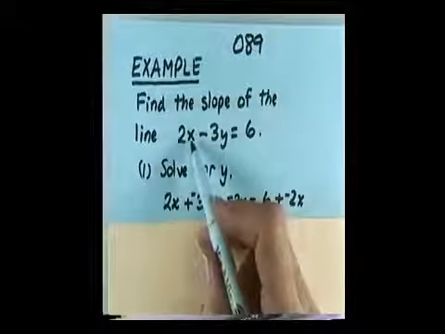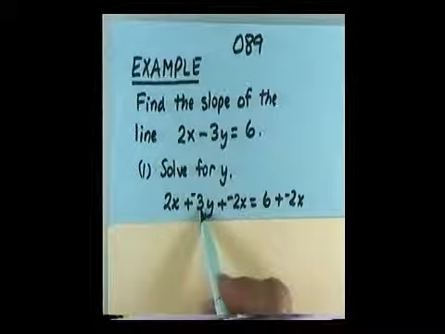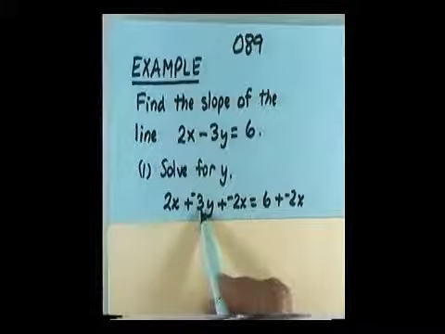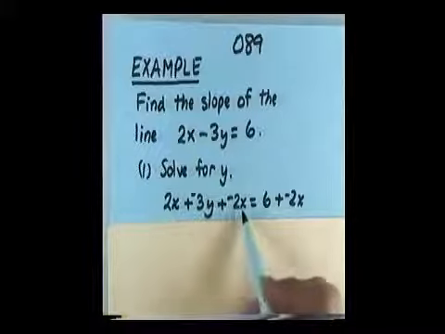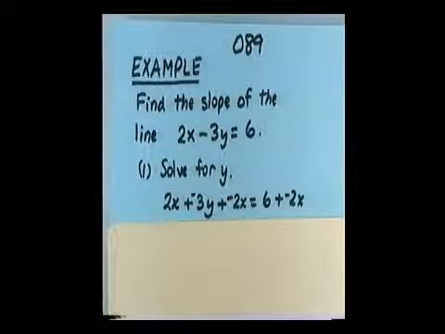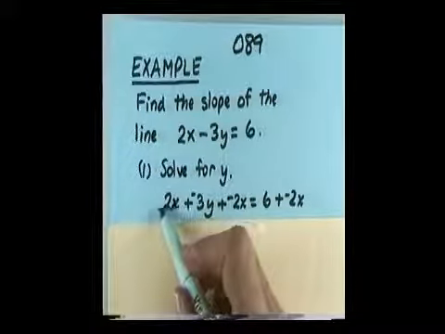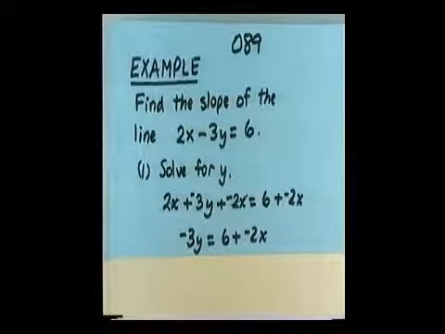Now, I've rewritten this as 2x add negative 3y to make the sign unambiguous. 2x plus negative 3y. Add negative 2x, and on the right-hand side, add negative 2x. On the left-hand side, as planned, the 2x's cancel, and so that leaves us with negative 3y equals 6 plus negative 2x.